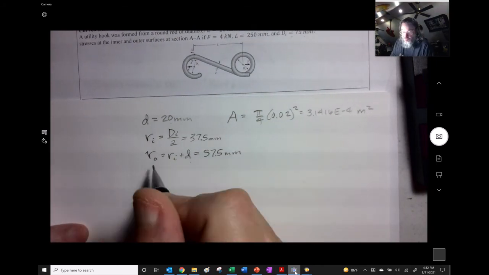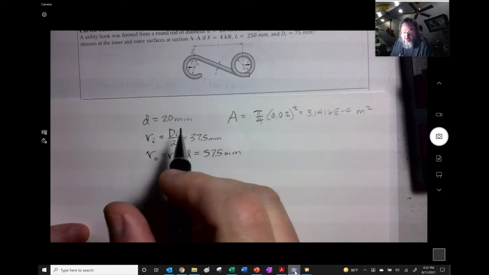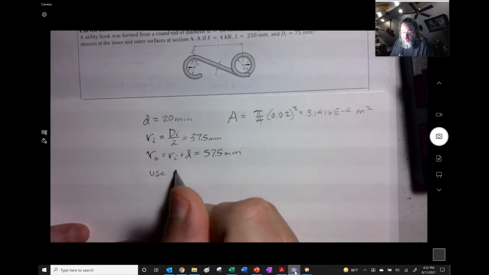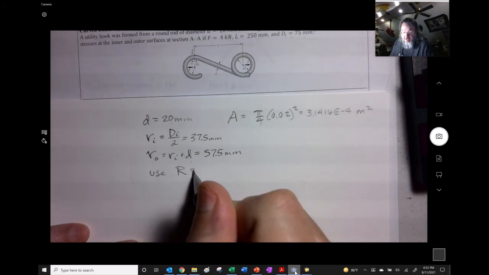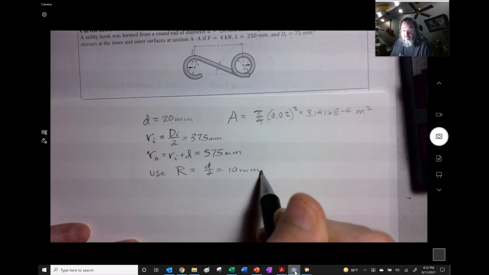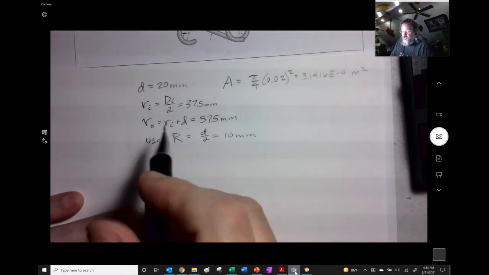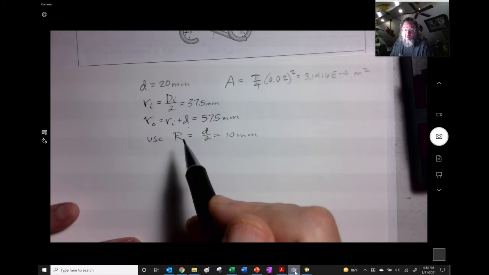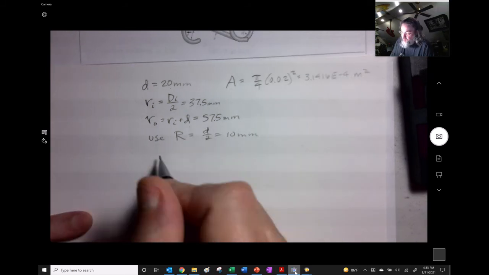And from table 3.4, we use capital R as D over 2, or 10 millimeters. That's making sure that if we look in table 3.4, that's the radius of the circle that makes up the thing.